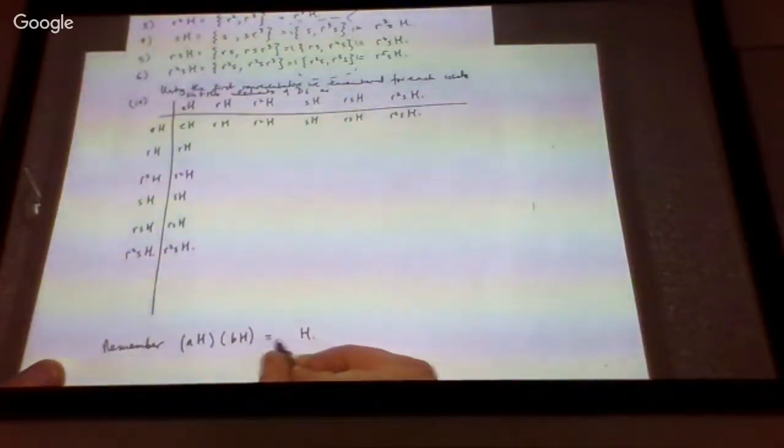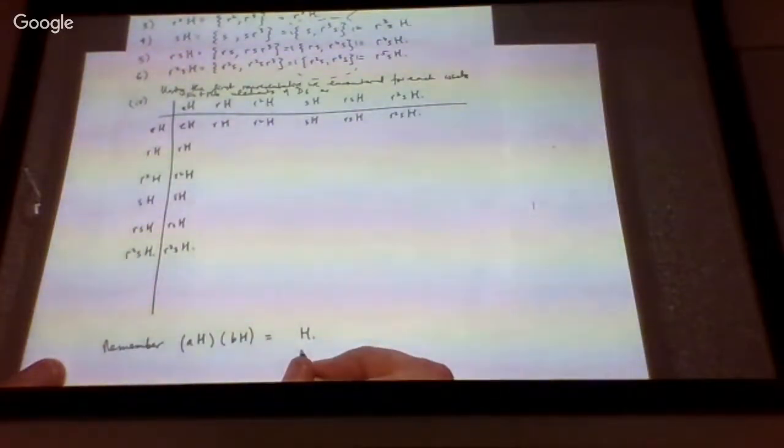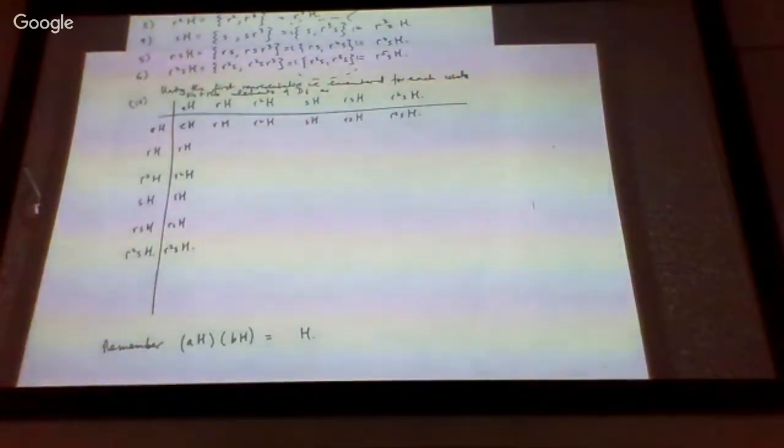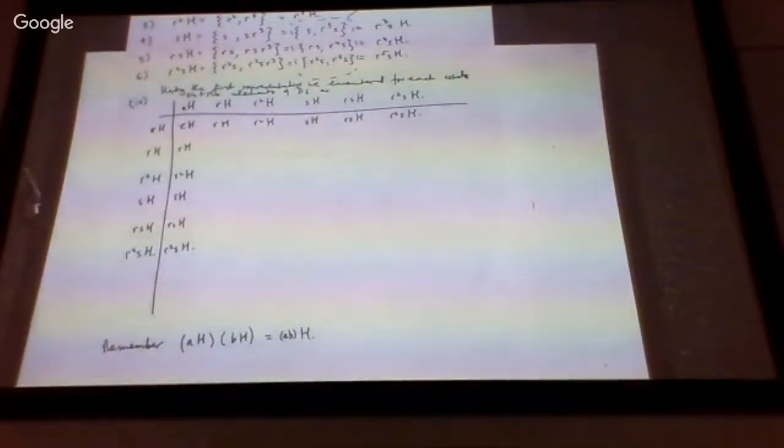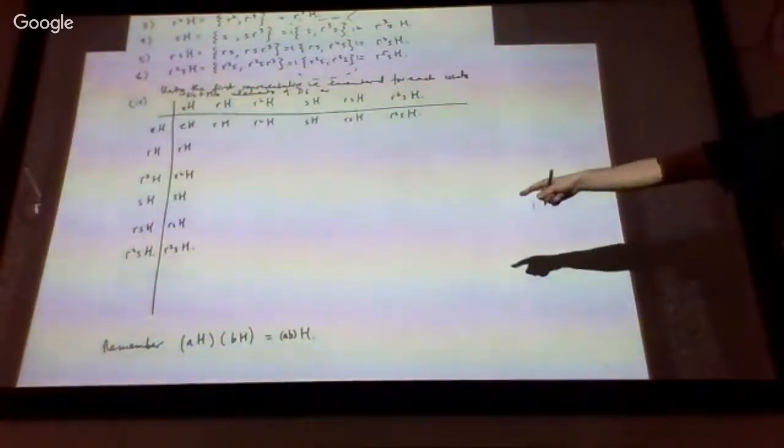I multiply a coset AH times BH. Which left coset is this? How do you multiply together two congruence classes modulo? Just take a representative of each, multiply them in the original group, and then take the coset. So it's the coset of the product, the coset represented by the product of the representatives.